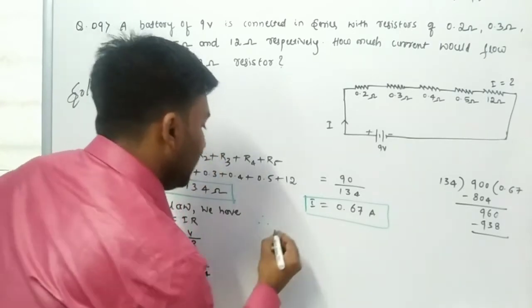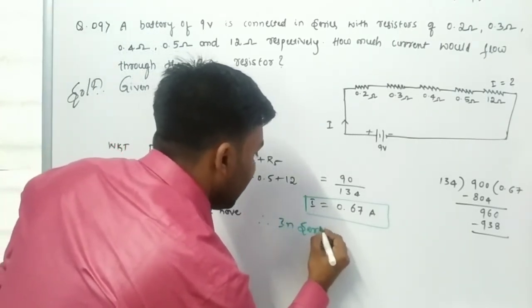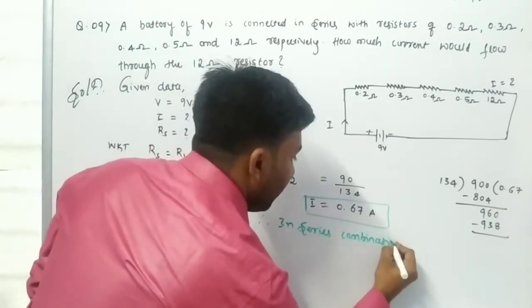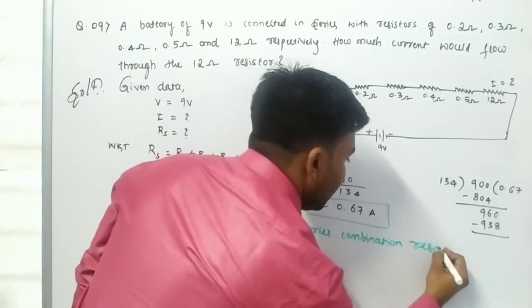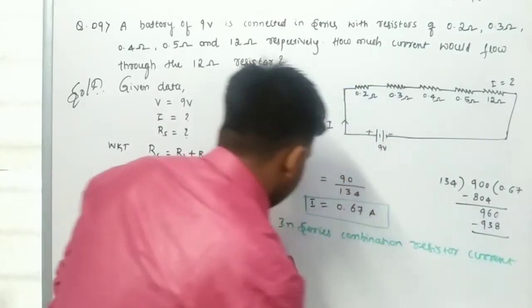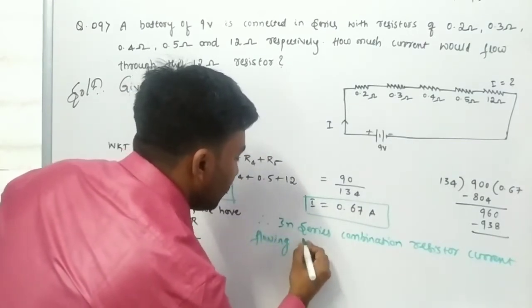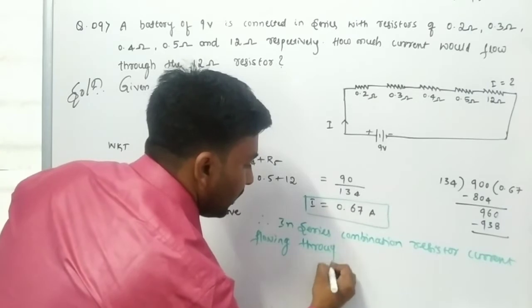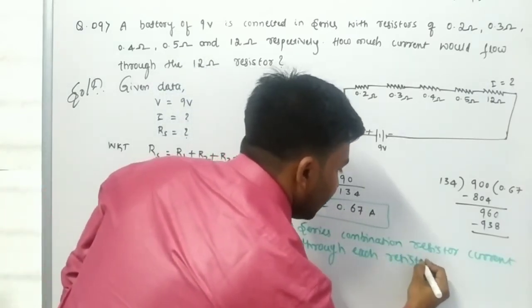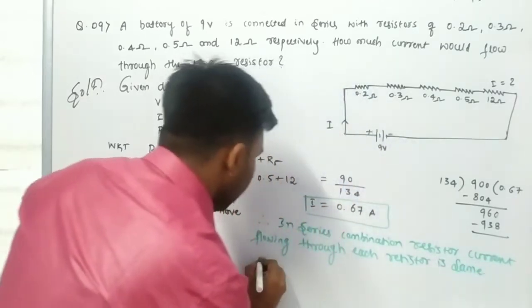Therefore, in series combination of resistors, current flowing through each resistor is same.